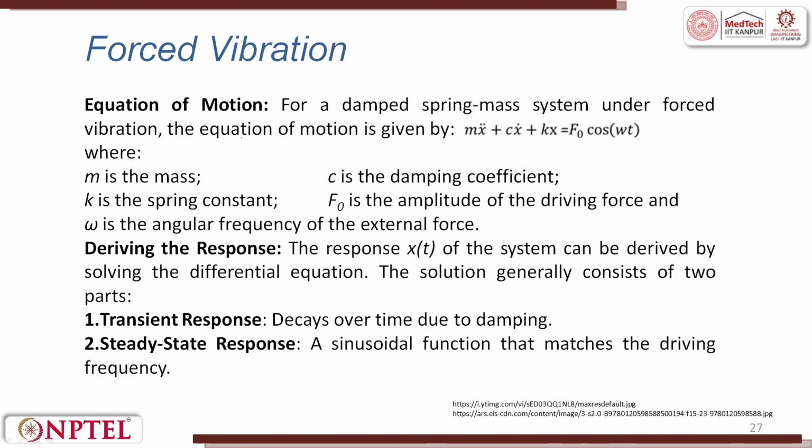The equation of motion for a damped spring mass system under forced vibration is m x double dot plus c x dot plus k x is equal to F naught cos omega t. Here m is the mass, c is the damping coefficient, k is the spring constant, F naught is the amplitude of the driving force, and omega is the angular frequency of the external force.